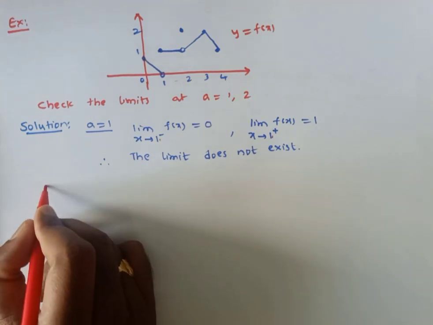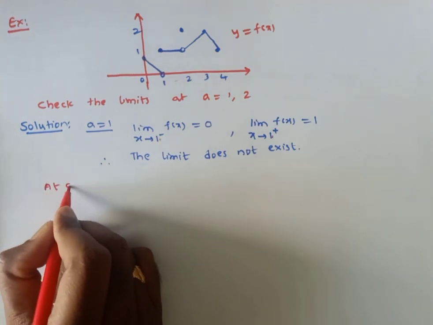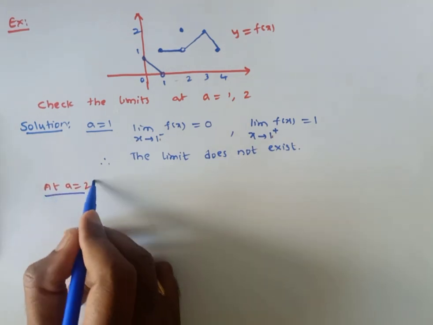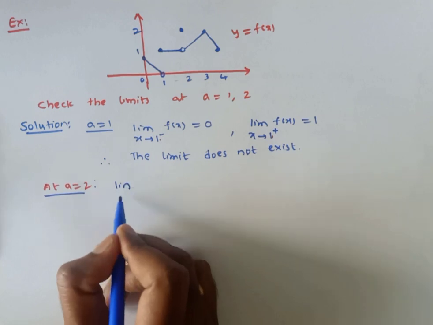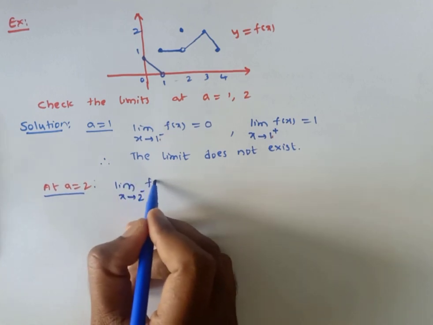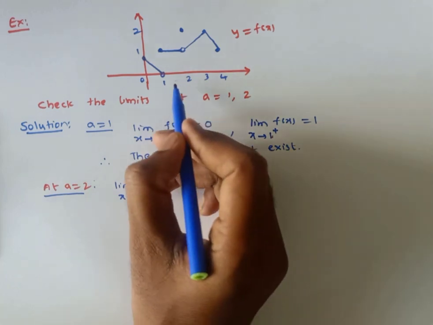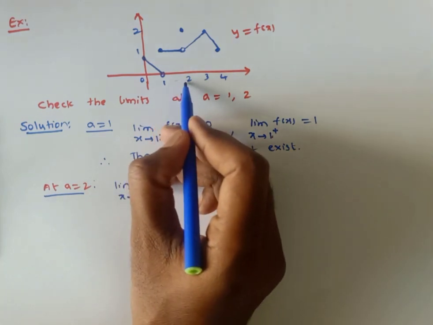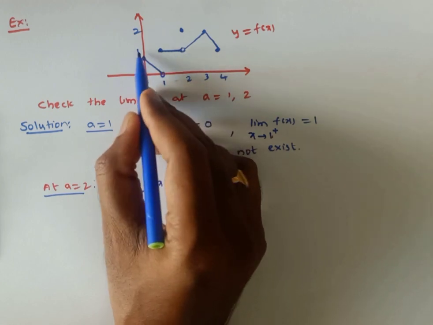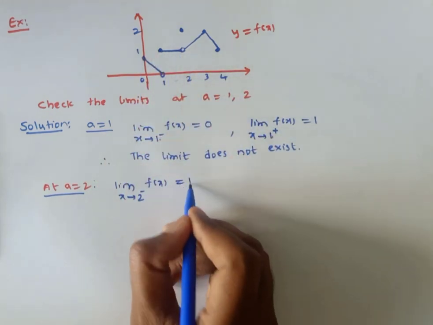Now check at a equals 2. Let us check the left hand limit, limit as x tends to 2 minus of f of x. As x approaches 2 from the left hand side, f of x approaches 1, since the function is defined at 1, therefore this is 1.